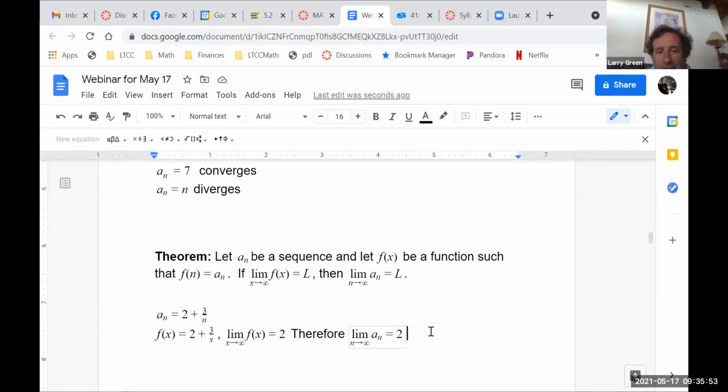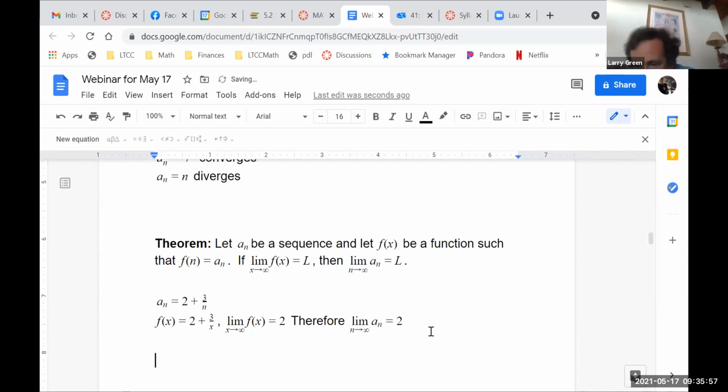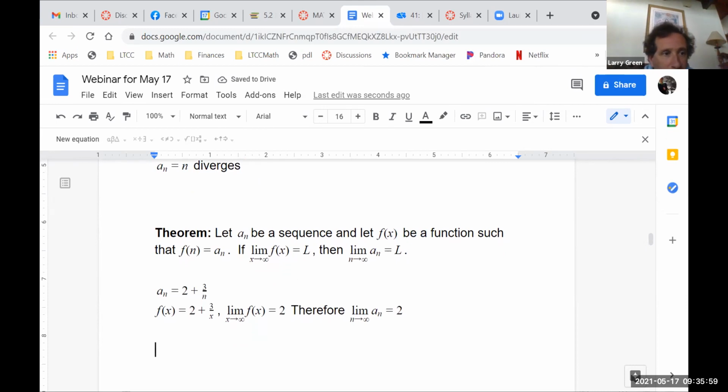Let me give you an example of why you can't go backwards. A really easy example: a sub n is equal to 0. Does that converge or diverge?